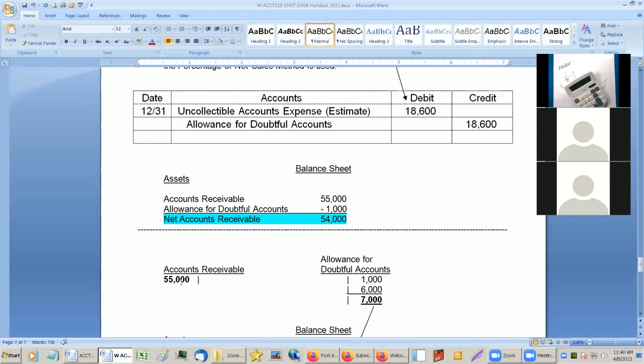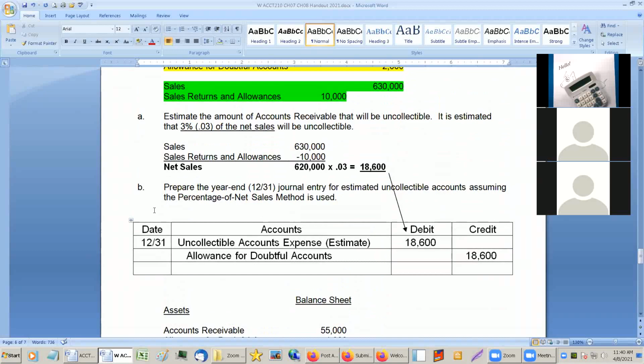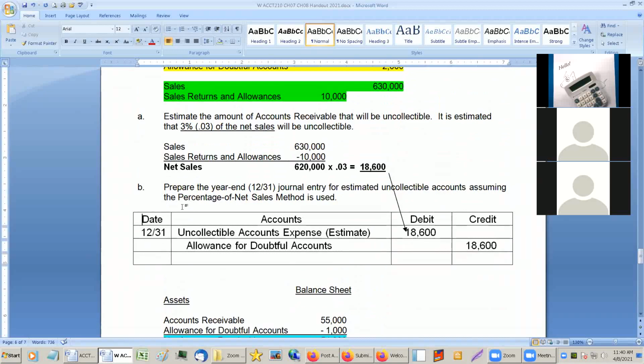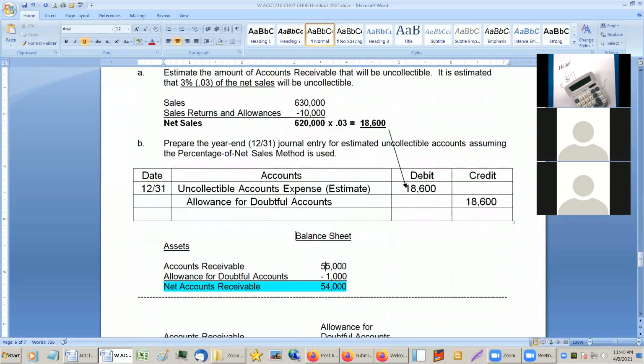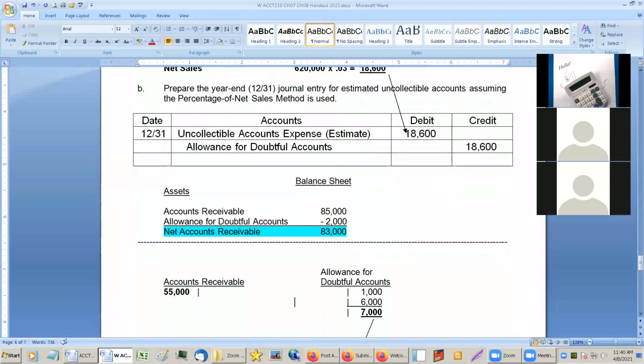It started out at 85,000 minus 2,000. So this would have been 85,000, 2,000, 18,600.